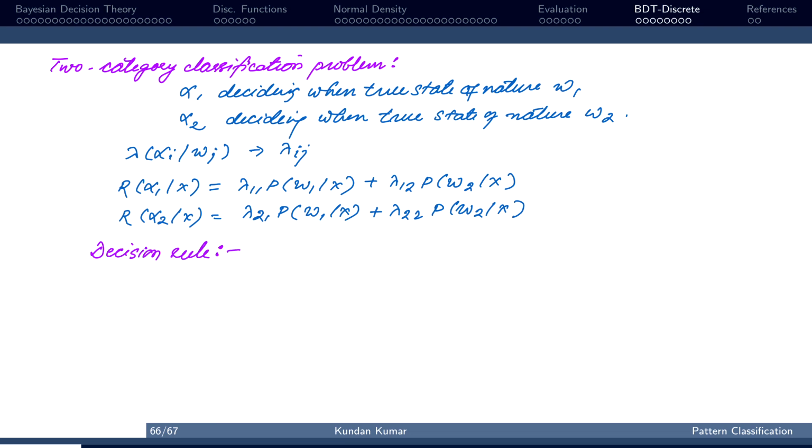So our decision rule will be: decide omega 1. Here we have to minimize the risk. That means we have to consider omega 1 if the risk of taking action alpha 1 is less than the risk of taking action alpha 2.